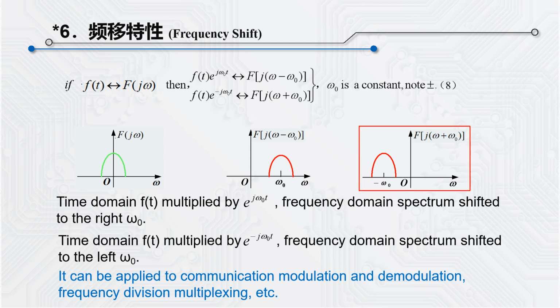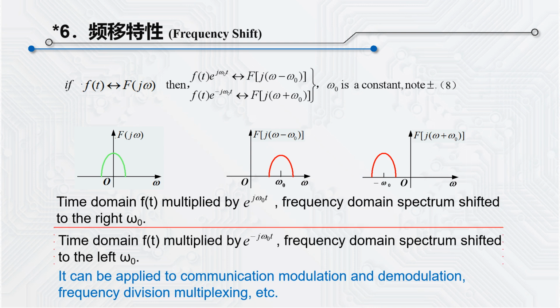The right graph shows the spectral density function after the original is shifted omega 0 units to the left. Obviously, the time domain f(t) is multiplied by e to the power of minus j omega 0 t.